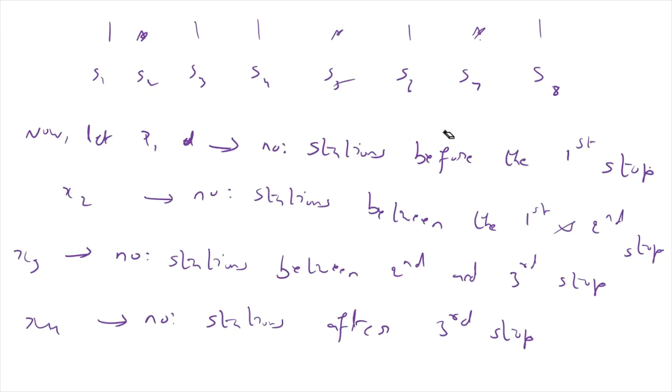But here this equation is a little bit different. Why is this equation a little bit different? Let us see. If the train stops at S1, and it is not stopping at S2, S3, and it is stopping at S4, and it is not stopping at 5, 6, 7, and it is stopping at S8.